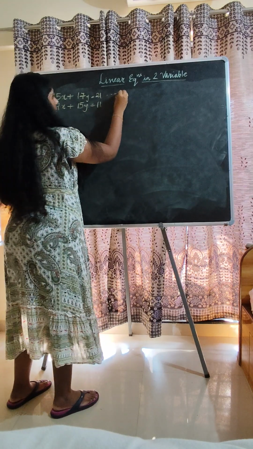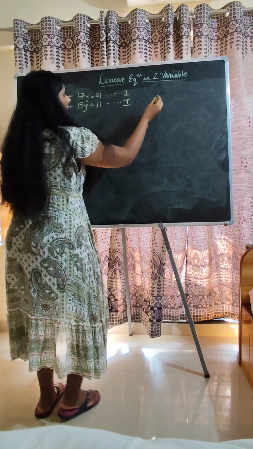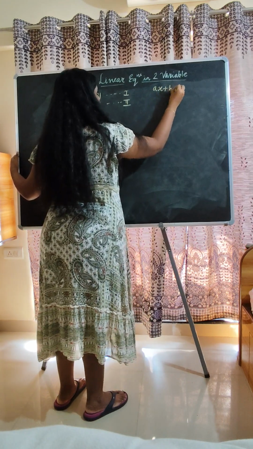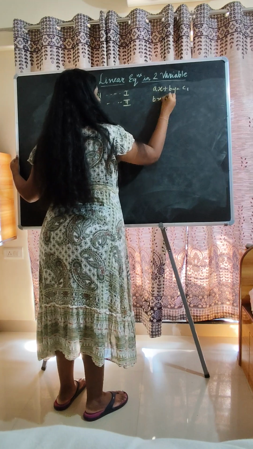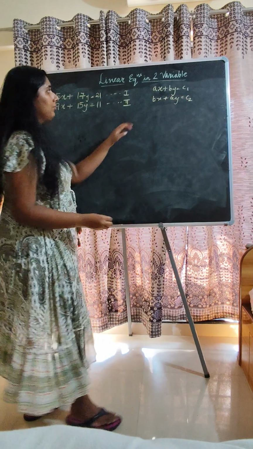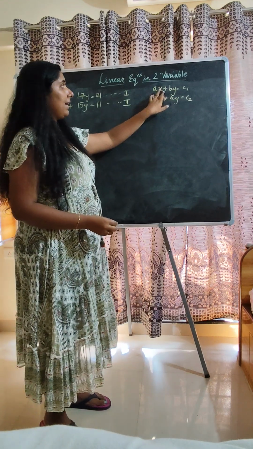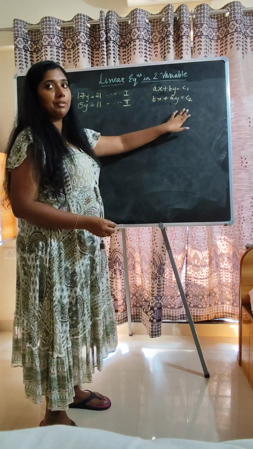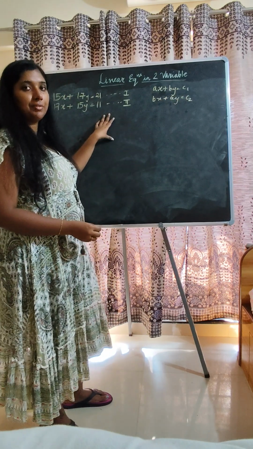So this is equation 1, this is equation 2, and this is of the form ax plus by is c1 and bx plus ay is c2. When you have the coefficients like this, ax and ay, by and bx, and the constants can be different, you will solve it in a different way.